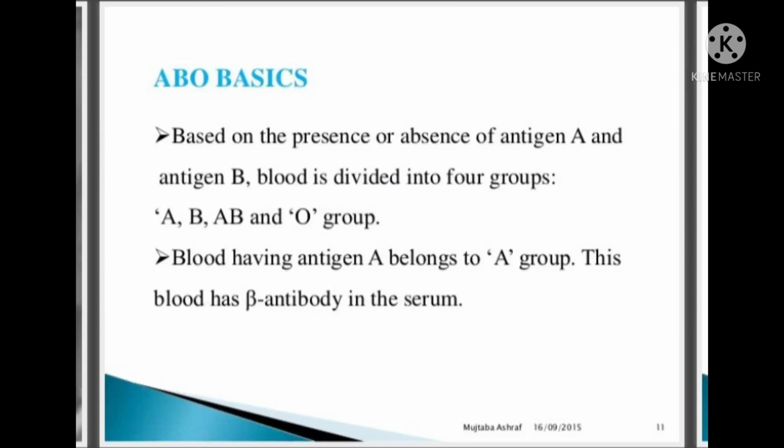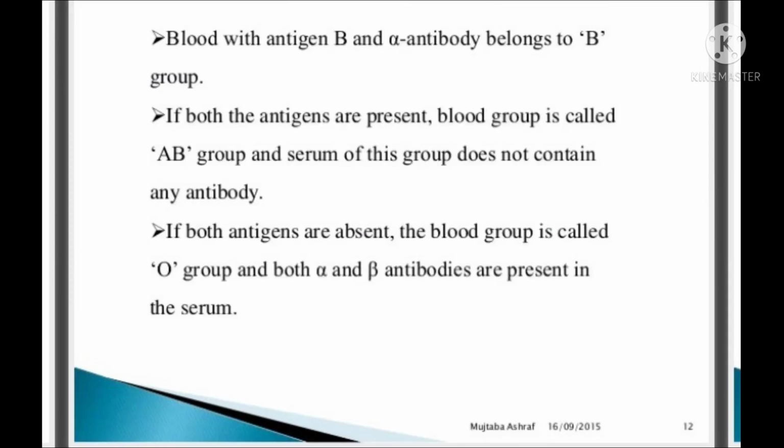Based on the presence or absence of antigen A and antigen B, blood is divided into four groups: A, B, AB, and O. Blood having antigen A belongs to A group. This blood has anti-B antibody in the serum. Blood with antigen B and anti-A antibody belongs to B group.